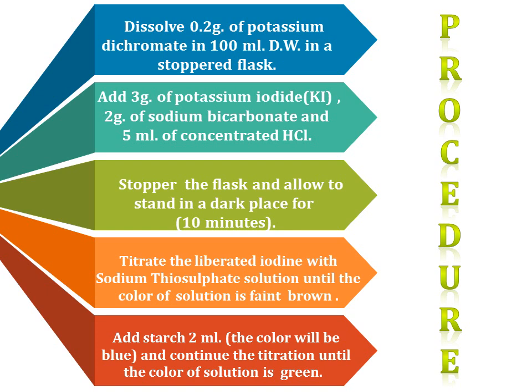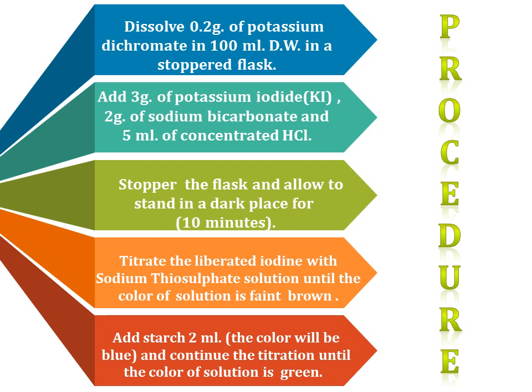When the color of solution is faint brown, stop the titration and add 2 ml of starch as indicator. The color of solution will be blue. Continue the titration until the color of solution is green. Normally, the end point in iodometric titration using primary standard sodium thiosulfate solution and starch indicator is a color change from blue to colorless.